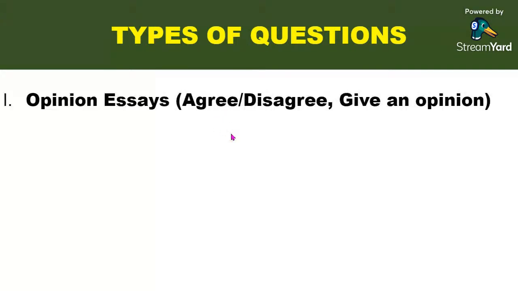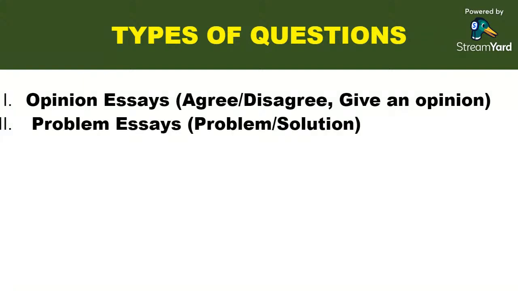Let's begin with types of questions, different types of questions in the IELTS academic writing. We have opinion essays that will ask you to agree or disagree or give an opinion.